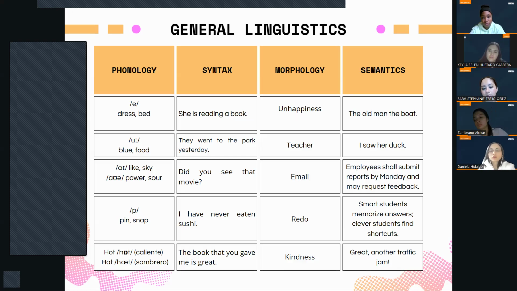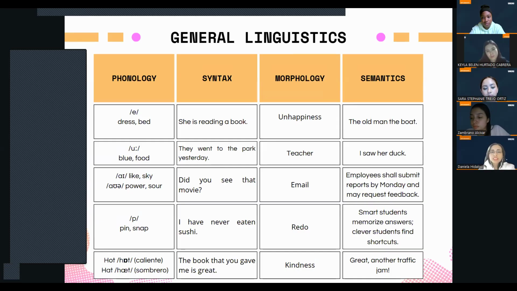Now I will talk about semantics. It is the study of meaning in language, focusing on how words, phrases, or sentences convey information. Here are 5 examples of how linguistic knowledge of semantics can be applied in real-world contexts. The first example is the old man the boat.